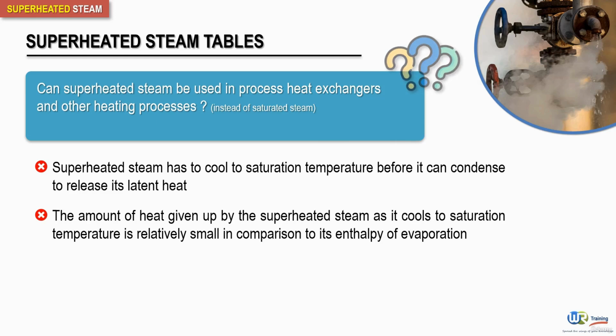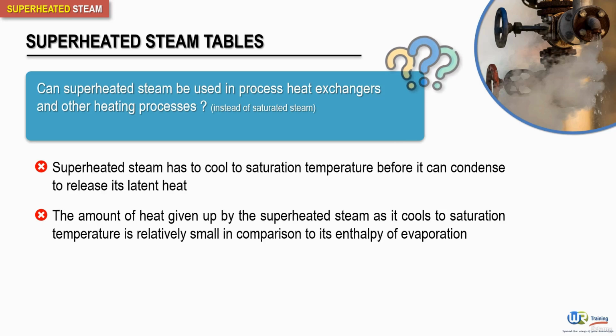If the steam has only a few degrees of superheat, this small amount of heat is quickly given up before it condenses. However, if the steam has a large degree of superheat, it may take a relatively long time to cool, and during this time, the steam is releasing very little energy.